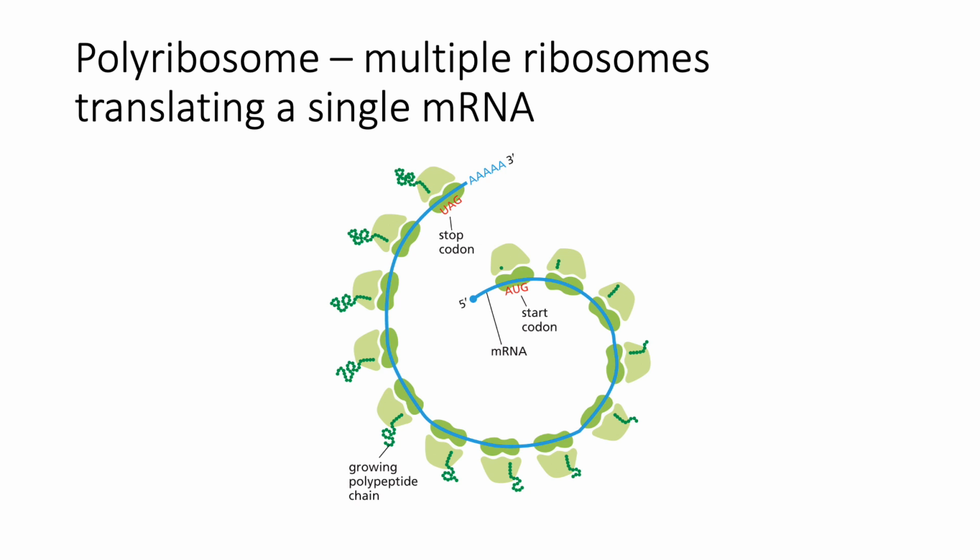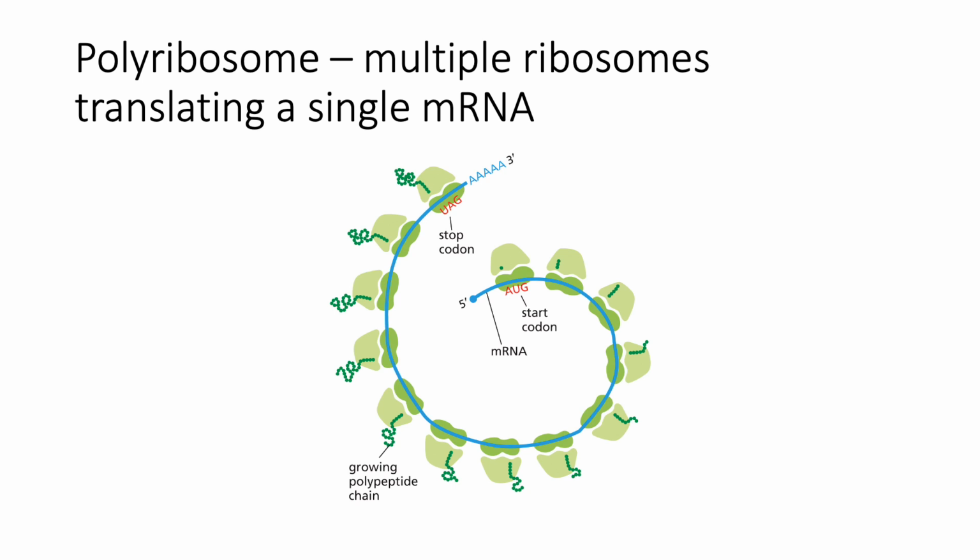So here's a drawing of polyribosomes, showing multiple ribosomes translating a single message. You can see the 5' end of the messenger RNA would be the cap, and there's the start codon, so that one just jumped on.